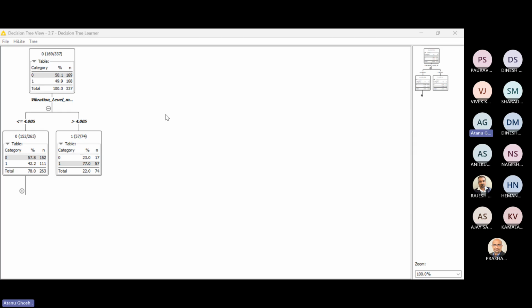Just like we identified less than 20, more than 20 in case of age, it could have been less than 15, more than 15, could have been less than 30, more than 30. But because the data set was small, we could easily figure out that if it's less than 20 and more than 30, we are able to bifurcate the two classes very cleanly. But here the data set is much larger, and it has done its own iteration to figure out that it should branch at 4.005 and not at 3 or not at 5.